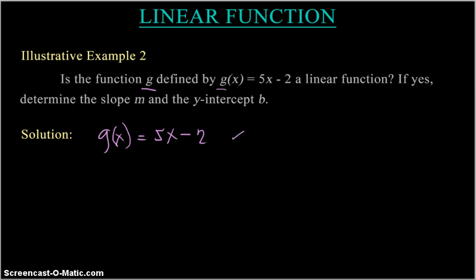And ang exponent naman niya or yung degree niya is 1. Okay, so itong function na ito ay linear function. Since that is a linear function, i-identify natin si slope m at si y-intercept b. So m, yung slope natin ay yung katabi ni x na number, so that is 5.